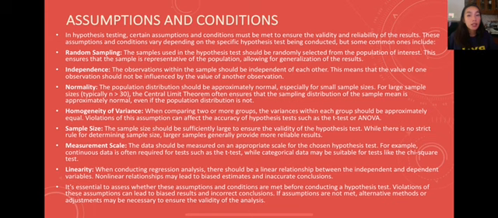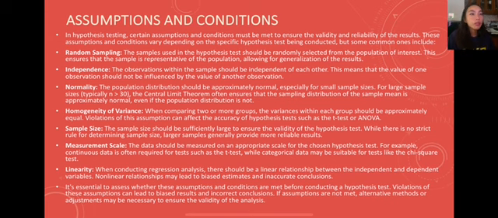Assumptions and conditions. In hypothesis testing, certain assumptions and conditions must be met to ensure the validity and reliability of the results. These assumptions and conditions vary depending on the specific hypothesis test being conducted, but some common ones include random sampling.